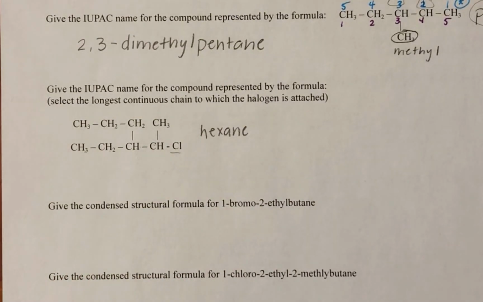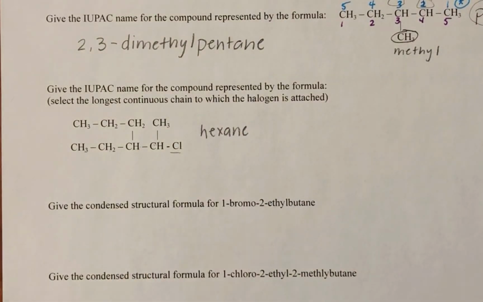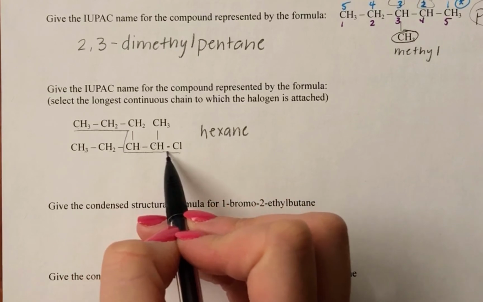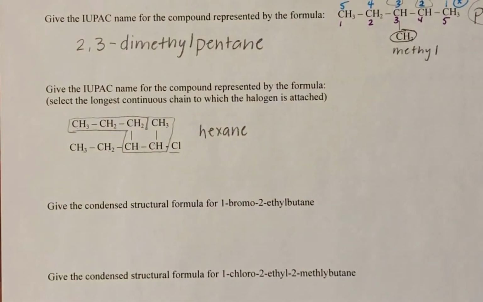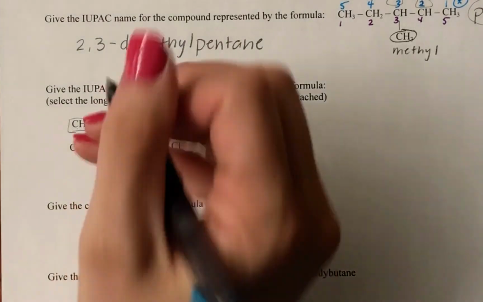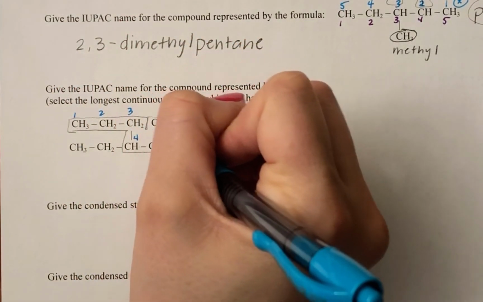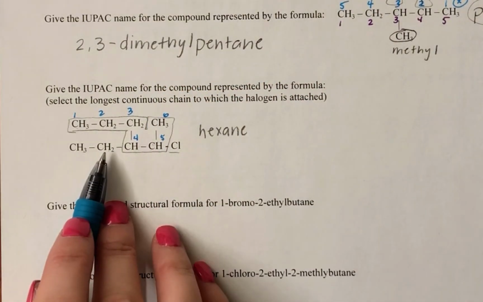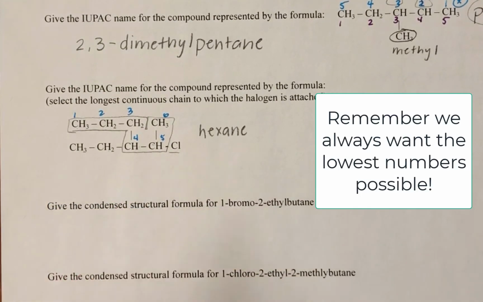Now I'm going to look at my numbering system. So I see that my longest chain consists of these carbons. So I'm just going to try to outline it so we can see it. So when I number it, if I number from left to right, 1, 2, 3, 4, 5, 6, that puts a substituent on the 4th and the 5th carbon off of the main chain.